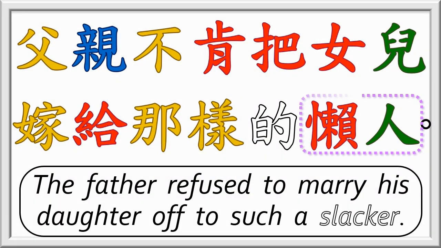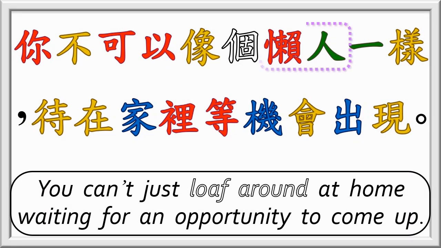Naturally, a loafer, slouch, or slacker would be 懒人. 父亲不肯把女儿嫁给这样的懒人. The father refused to marry his daughter off to such a slacker. 你不可以像个懒人一样待在家里等机会出现. You can't just loaf around at home waiting for an opportunity to come up.